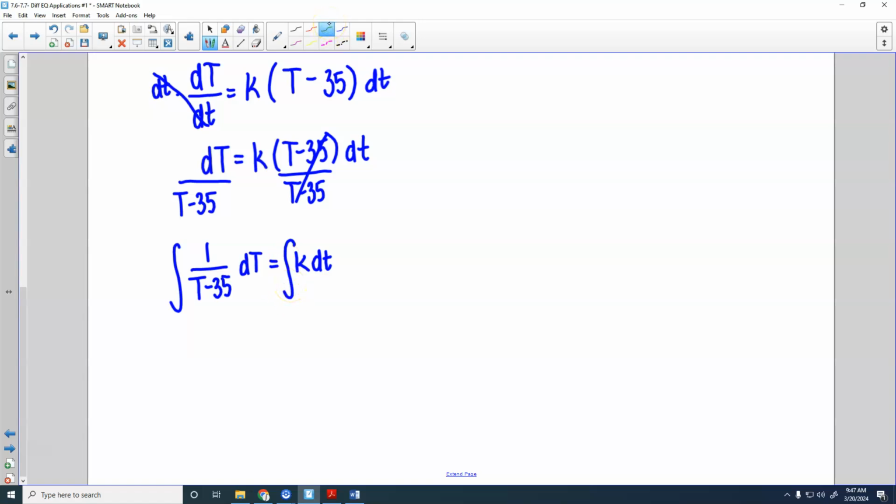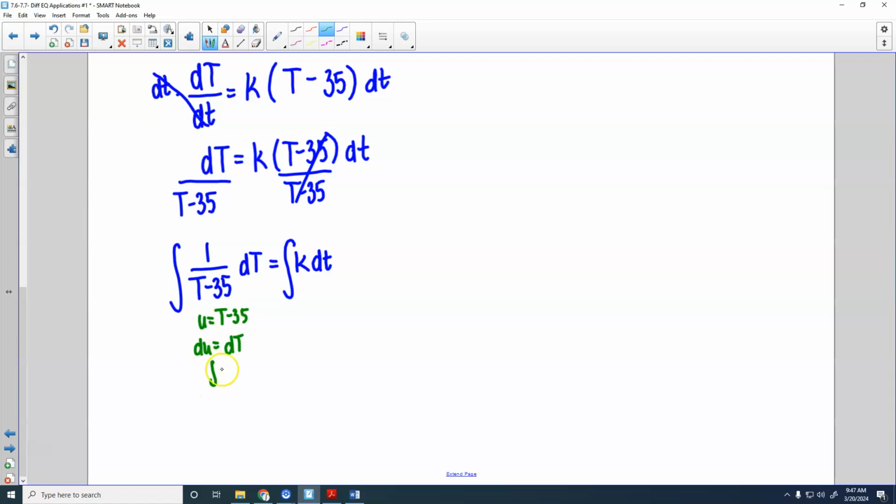What type of integral are we going to have on that left-hand side? It's a 1/u du. u is capital T minus 35. What's du? Just dT, right? So I've already got what I need here.